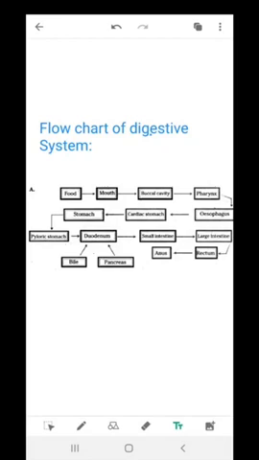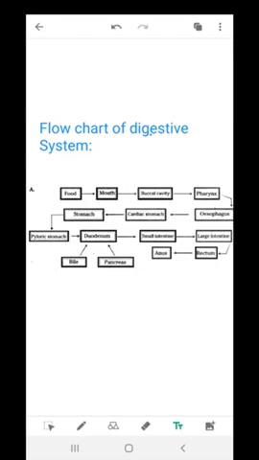Let us now study the flowchart of the digestive system. Food first enters into the mouth and then into the buccal cavity, the oral cavity. From there into the pharynx, and pharynx is the connecting link between both nutrition and respiration, which we are going to study in unit 2. After that, it enters into the esophagus, the long extending tube, and then into the stomach.